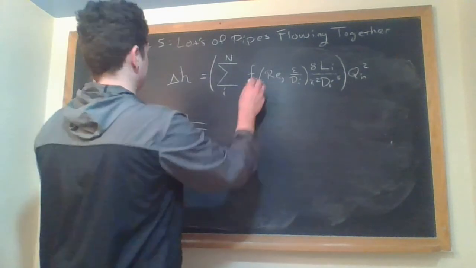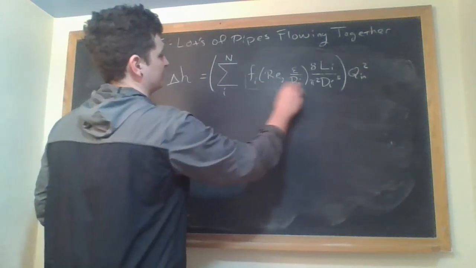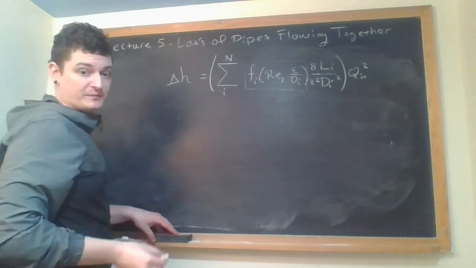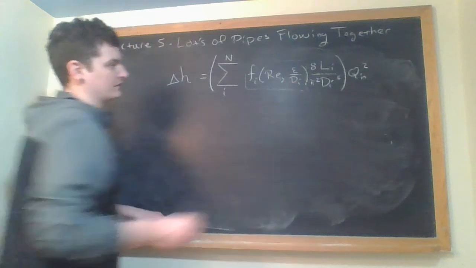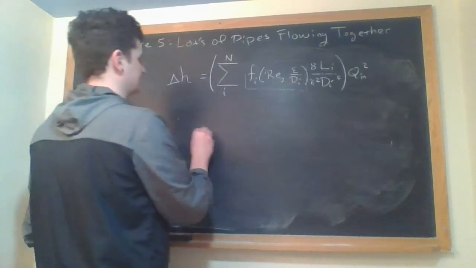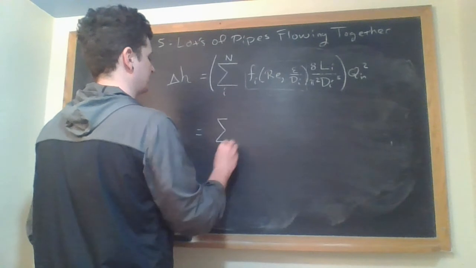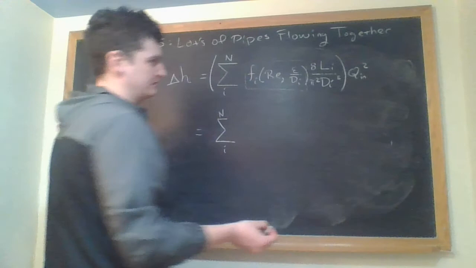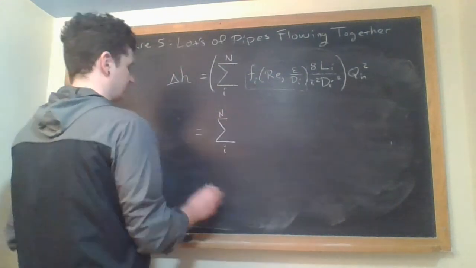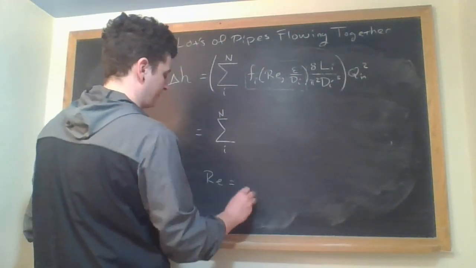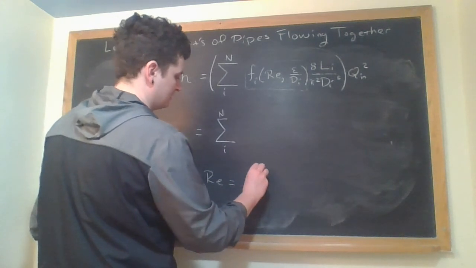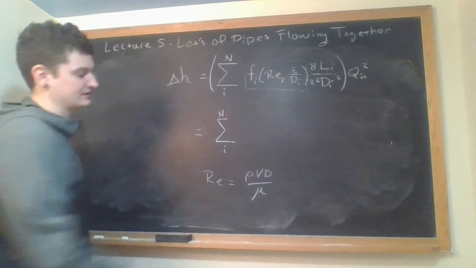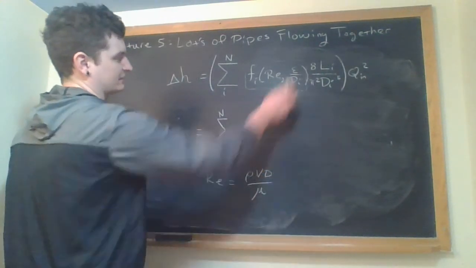And here is something I want to point out when it comes to these friction factors. They're functions of a Reynolds number and the roughness, and the relative roughness is a function of the diameter. So that's where this nonlinearity comes from when you're trying to solve for these things. Reynolds number can be written in terms of rho V D over mu, so there's even the diameter in there, so clearly it's a function of diameter.